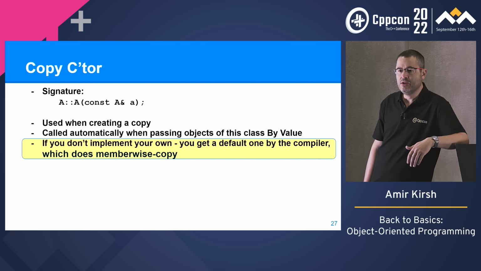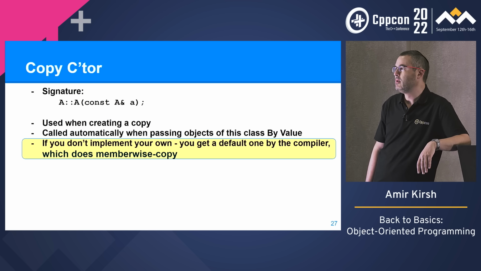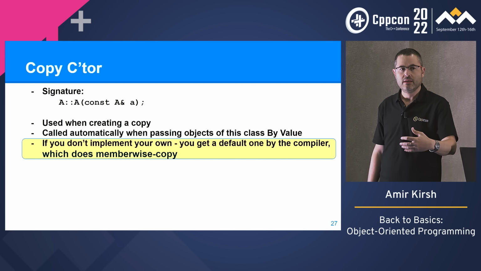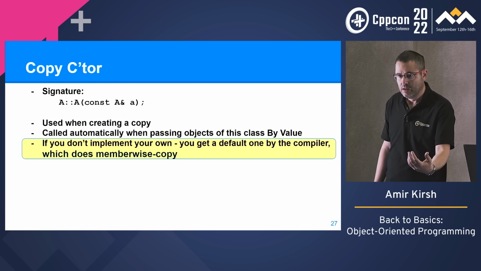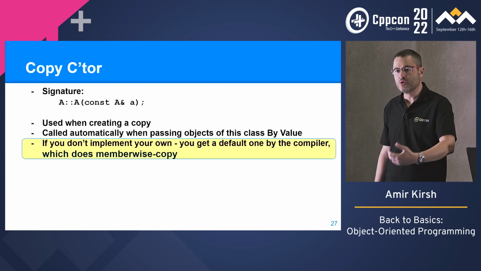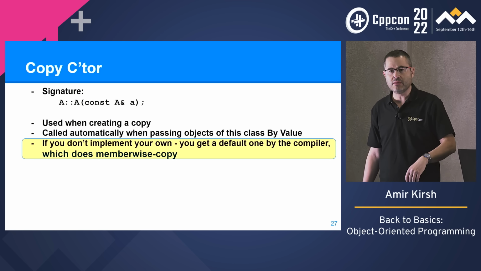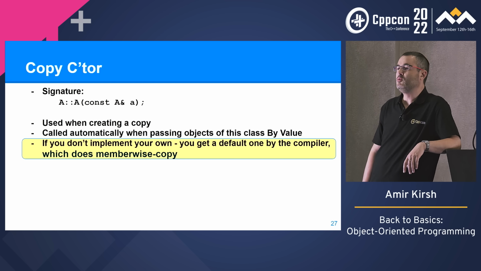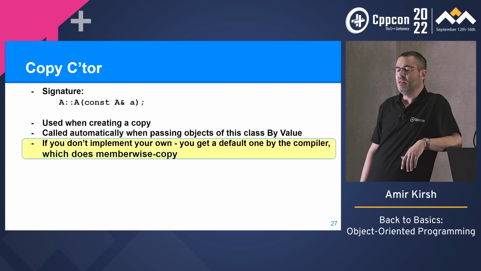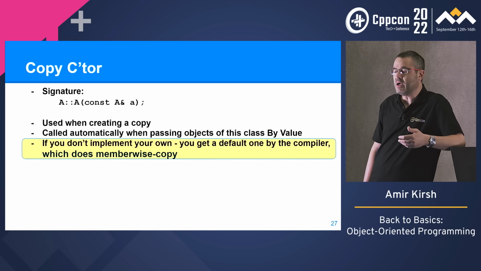And member-wise copy is not necessarily shallow copy. Suppose that one of my data members was a pointer, then the default copy constructor would copy the pointer, which we would call shallow copy. But suppose that my members are a vector and a string. Then the default copy constructor would call the copy constructor of the string and the vector, which is not shallow copy. This is why I emphasize that this is member-wise copy, which is good.